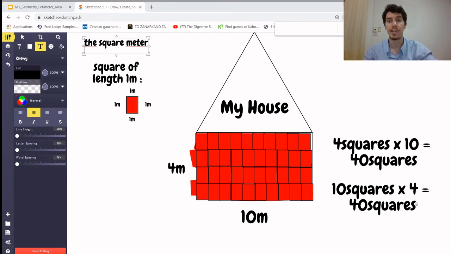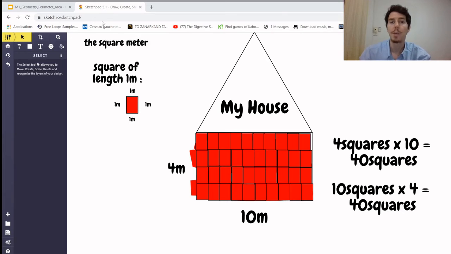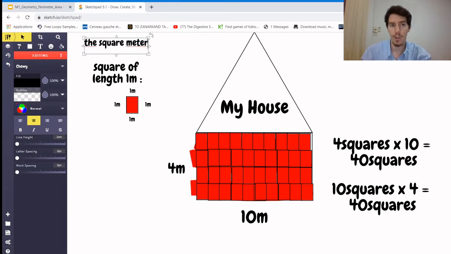And every time we will say how many of these square meters we can use to paint the shape. Alright? And sometimes we also call it the meter squared. Okay? The square meter or the meter squared is the same thing. Okay, it's a square of length 1 meter. If you take 1 meter, you make it into a square.